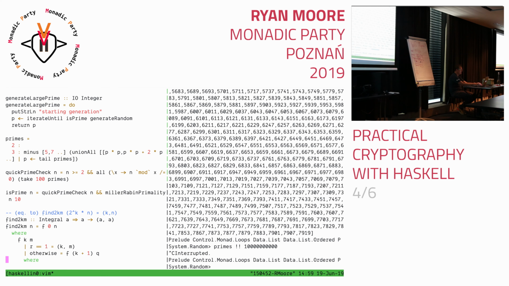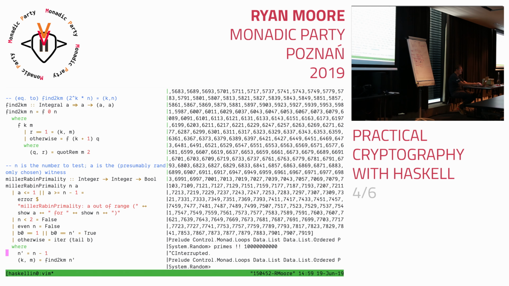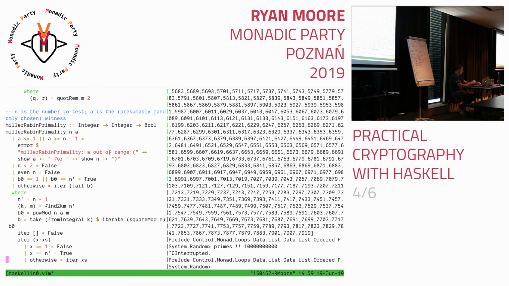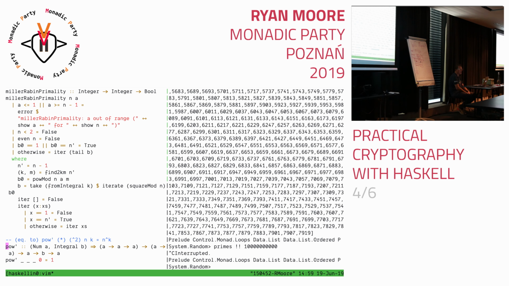And so here what we have is an implementation of what is called the Miller-Rabin primality test. And this is about the best that I could do without having an advanced math degree. And still, this is code from the Haskell wiki.